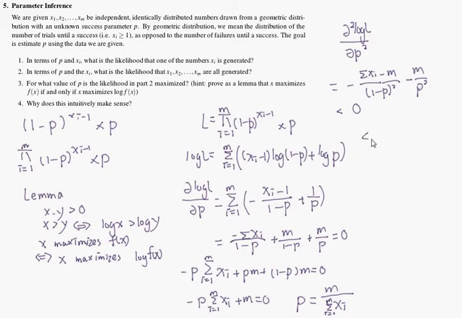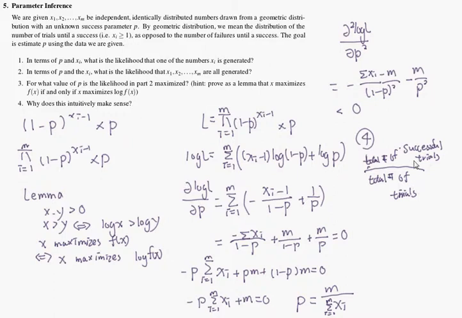And the last part, does this intuitively make sense? Because you can see the solution, in fact, it is the total number of trials, and the total number of successful trials is the numerator, and the total number of trials is the denominator.